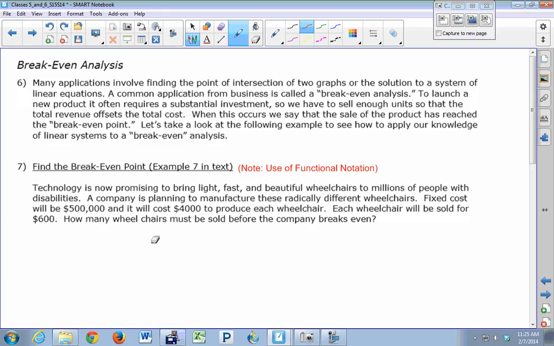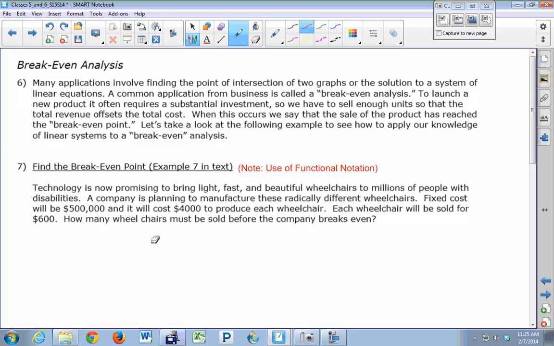You invest some amount of money into producing a product, and if your company is successful, you'll actually then sell your product, and hopefully the cost that you've decided to charge for each one of your items will produce what we call a profit. Okay? But in order to get a profit, the money you take in has to be greater than the money it costs you to produce that number of units.